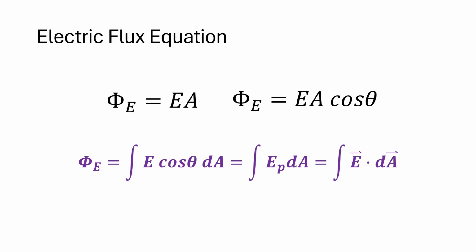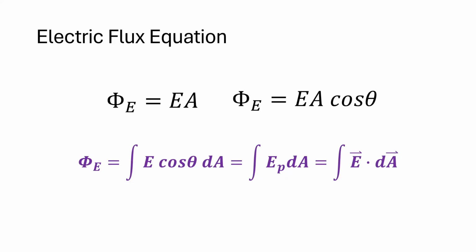Now, the general description of the electric flux is given in the purple equation at the bottom. So we have here the integral symbol, I mean. That is actually referring to the entirety or the totality of the entire small areas and of the entire electric flux acting on that particular area.